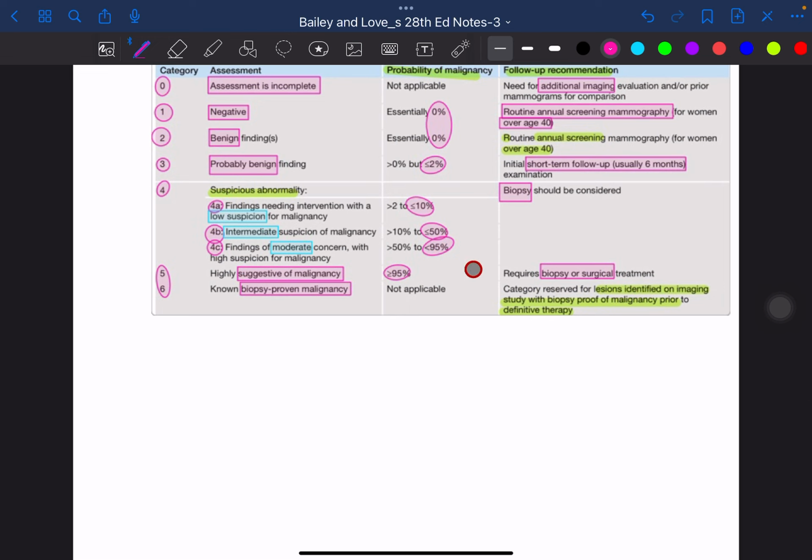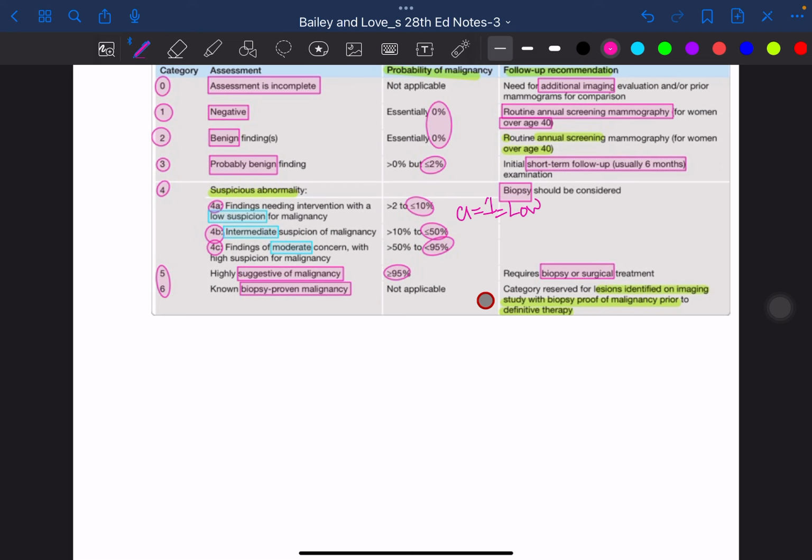Now come to category 4. In category 4 of BI-RADS, there are 3 types: 4A, 4B, 4C. In 4A, just remember, A is 1. So BI-RADS 4A is less than 10%. Okay. So low suspicion.